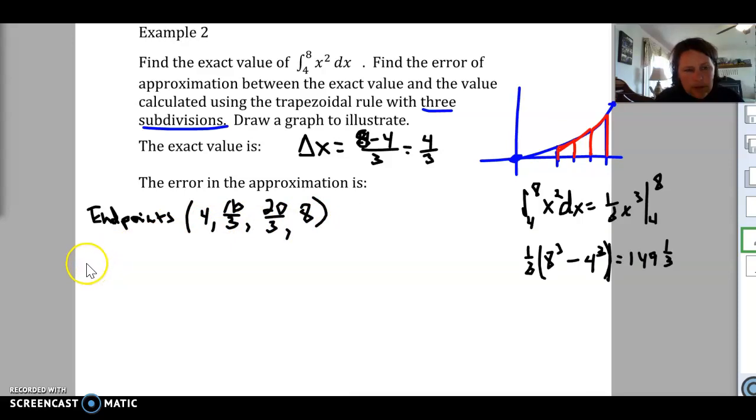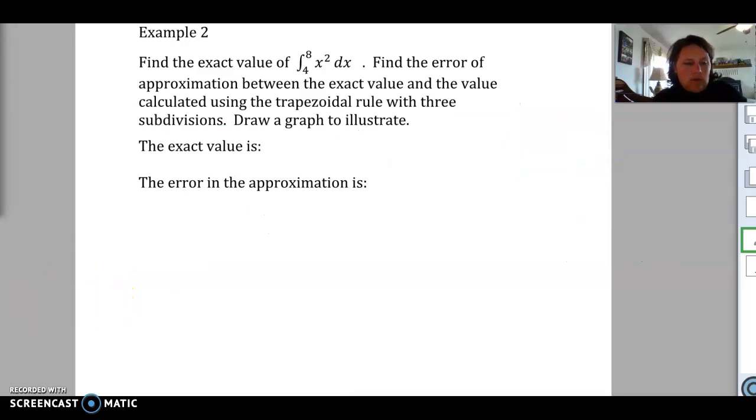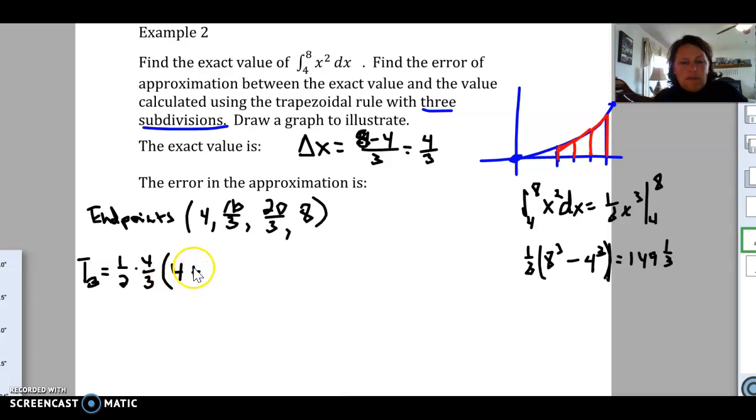So for our trapezoid rule with 3 subdivisions, we're going to have 1/2 times the height, which is delta x. So in this case, it's the width for our trapezoids. And then we're going to do 1 times f of 4, function notation.